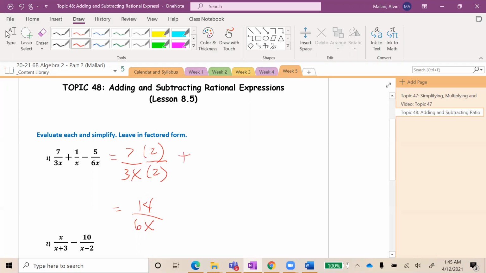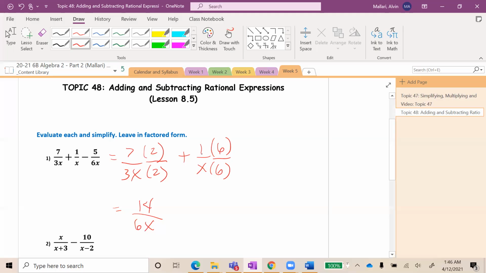Now let's have the second fraction. It's 1 over x. What do we need to do so that the denominator will be equal to 6x? We just simply multiply by 6. So you multiply the numerator and denominator by 6.